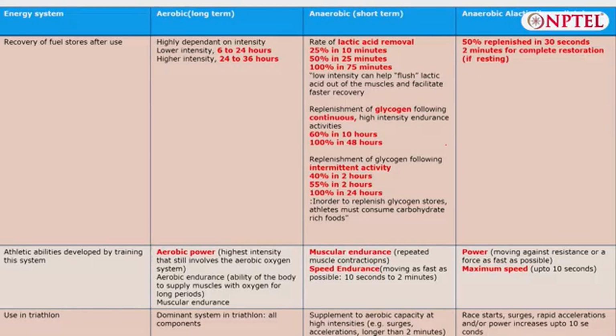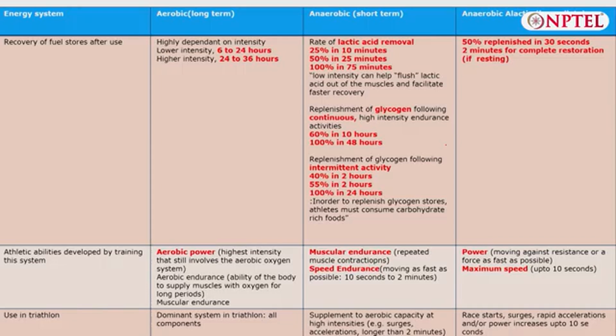And that is why limbering down is a very important process in exercise training, which flushes the lactic acid out of the muscle and facilitates your recovery. Replenishment of glycogen following continuous high intensity endurance activity is 60% in 10 hours and 100% in 48 hours.